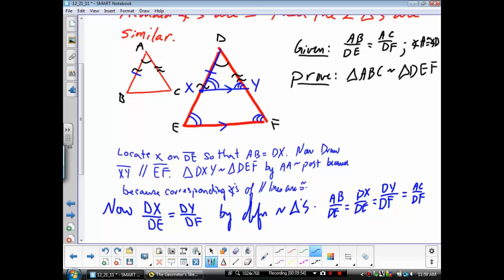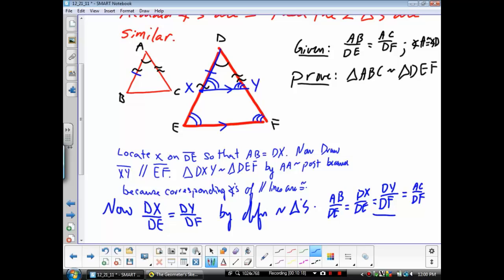Part of this was given: AB to DE equals AC to DF. Part of it is substitution, because AB equals DX, so AB to DE will equal DX to DE. Part of it's transitive property then, so DY to DF equals AC to DF.